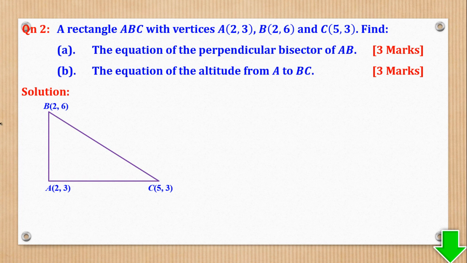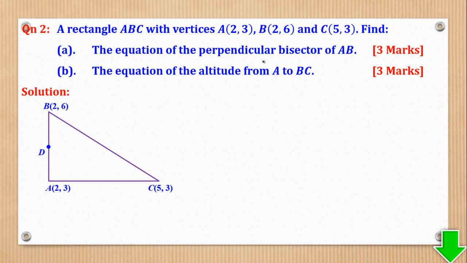The positions were somehow accurate, but even if they are not, it is still okay. So this is horizontal because the y coordinate here is the same as the y coordinate here. And this is vertical because the x coordinate here is the same as the x coordinate there. That's why I made this vertical and this horizontal.